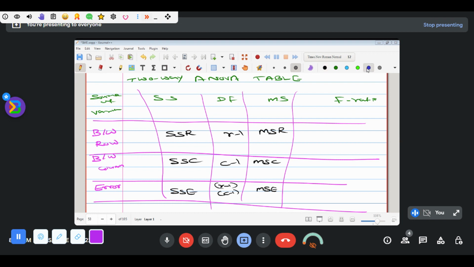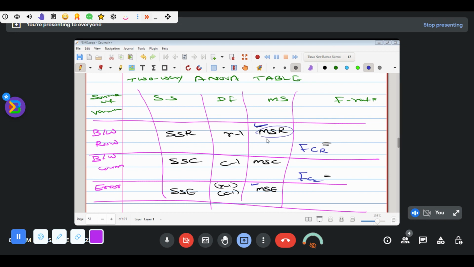Here you want to find two ratios separately, within row and column, that means F calculation row and F calculation column. So what is the formula for both? For F calculation row, as I already told you, compare these two, and whichever is greater you put in the numerator.